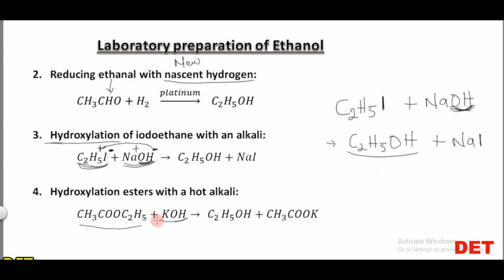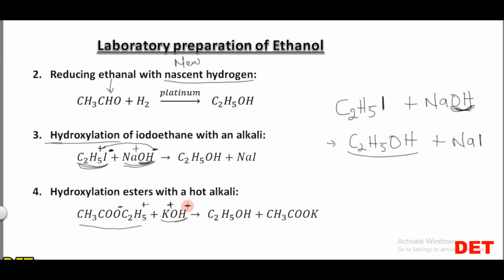Alright, so this is one of the ways in which ethanol can be prepared in the laboratory. So when this ionizes, it ionizes to form a negative ethanoate ion and a positive ethyl ion. Then when this potassium hydroxide ionizes, it ionizes to form a positive potassium ion and a negative hydroxide ion.